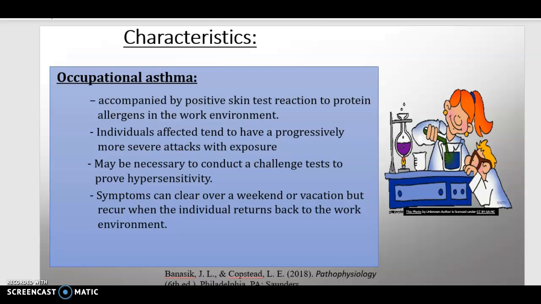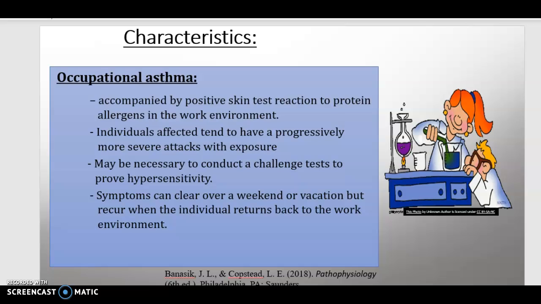The next three characteristics I will be talking to you about deal with occupational asthma, drug-induced asthma, and exercise-induced asthma. I find it interesting that occupational asthma appears while you are at work, but when you go home for the weekend or you go on a vacation, those symptoms clear up.